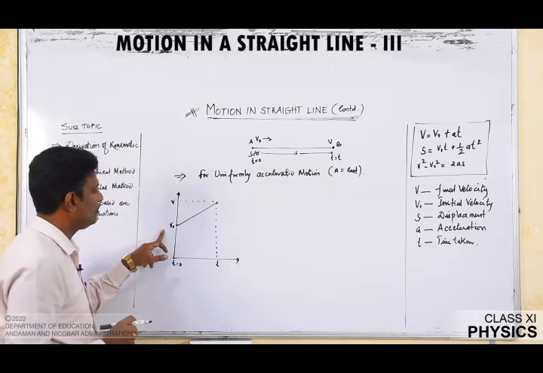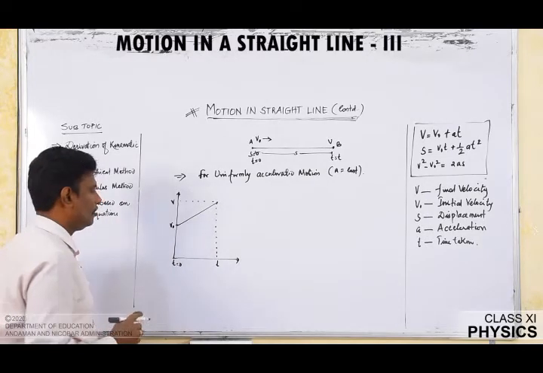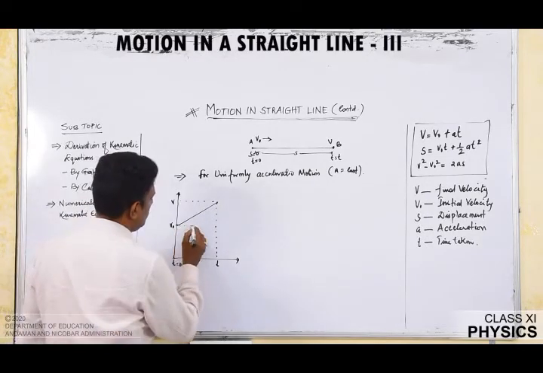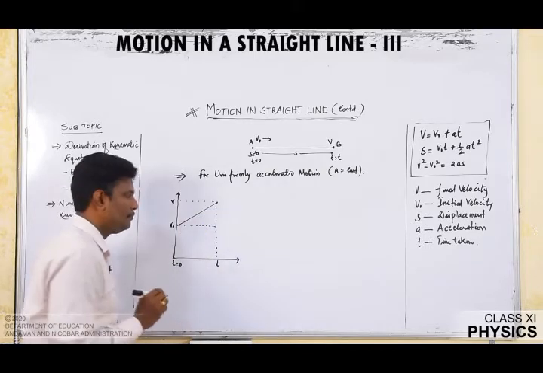This is the initial velocity and this is the final velocity. We can join like this.